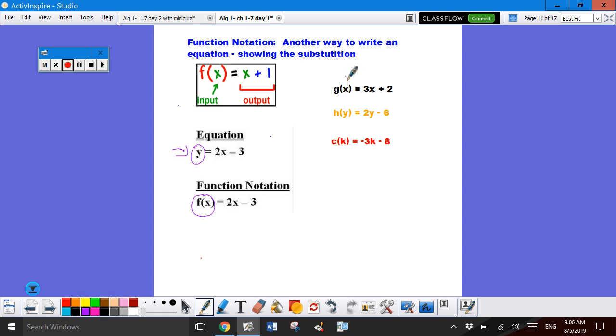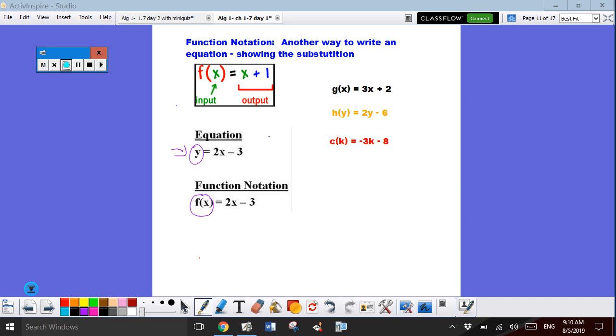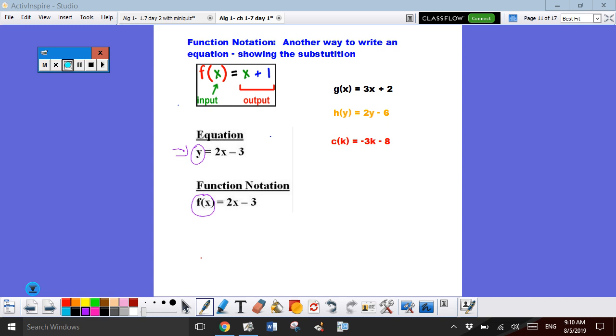Okay, sorry about that. That's what happens when you're making a video. Okay, so function notation, again, there is no difference between an equation and a function notation except for the notation. So f with the parentheses and the x. So we read this f of x.